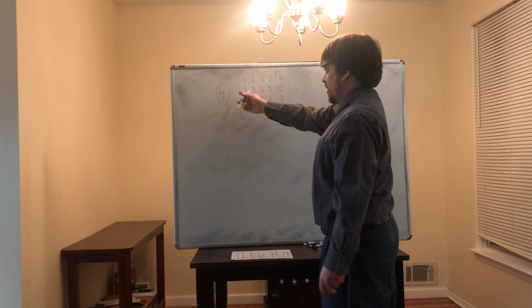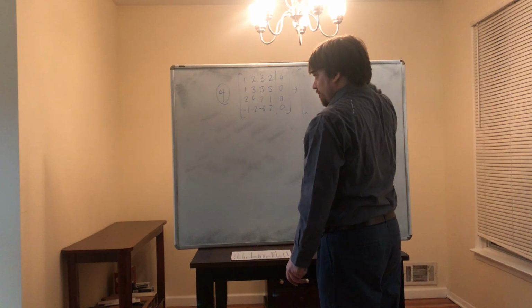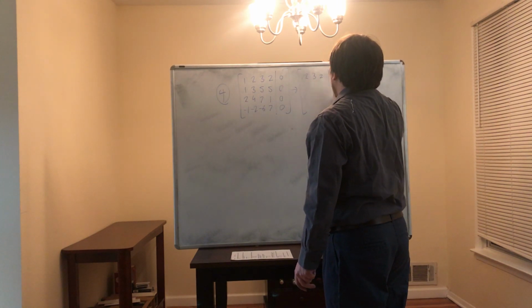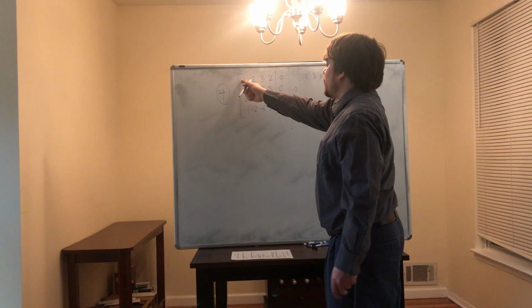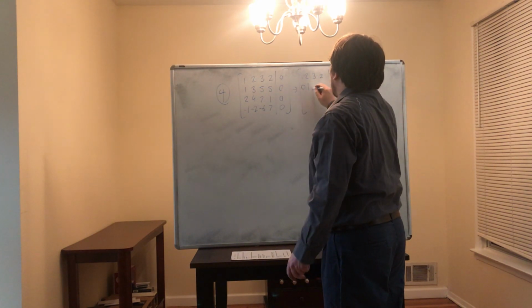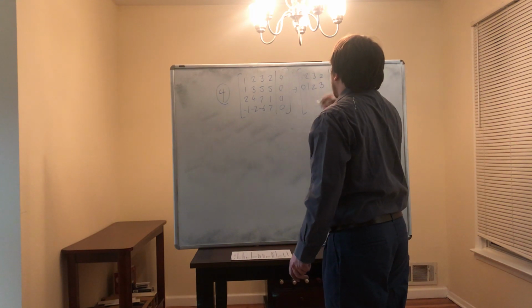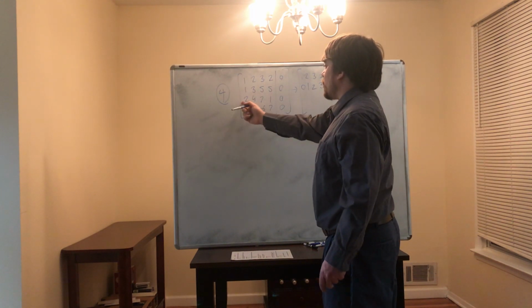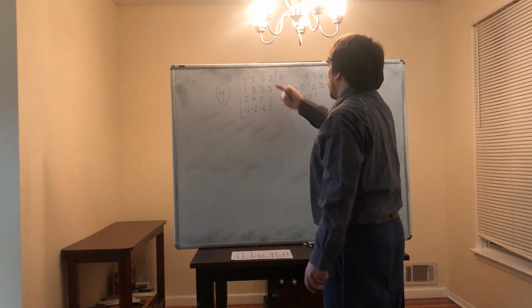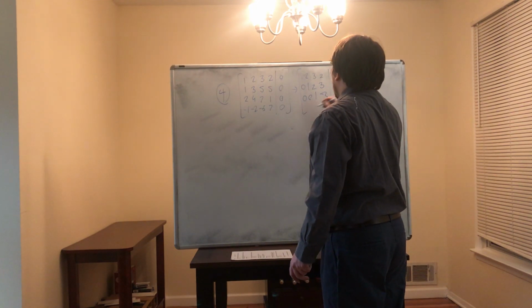Let's take the first row and add -1 times it to the second row. I'm going to keep the first row exactly the same. So -1 times this row plus that one, you get 0, 1, 2, 3, and that's 0. -2 times the first row, added to that, and you get 0, 0, 1, -3, and that's a 0.